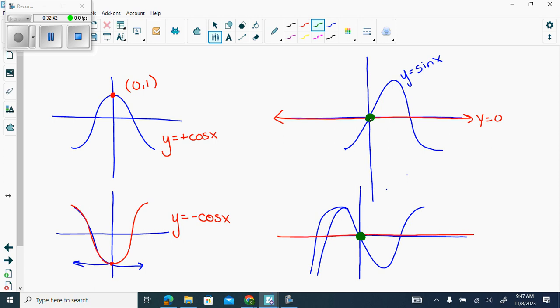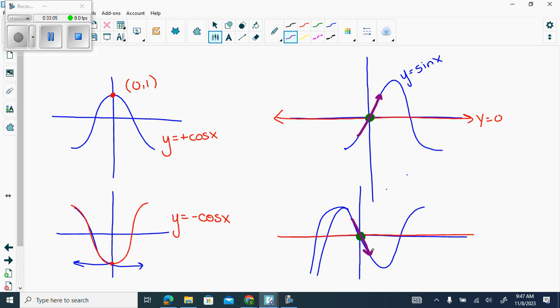What's the difference between these two graphs? This one is where it intersects, but I'm going with a positive slope through it, correct? What's this one doing? Going with a negative slope through it. The easiest way to find it: for positive cosines, I look for where the max is off the y-axis, right?